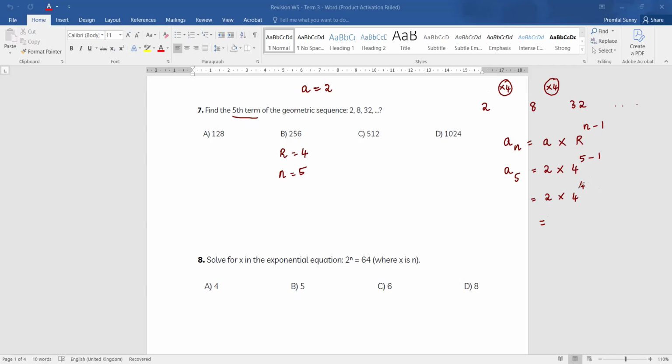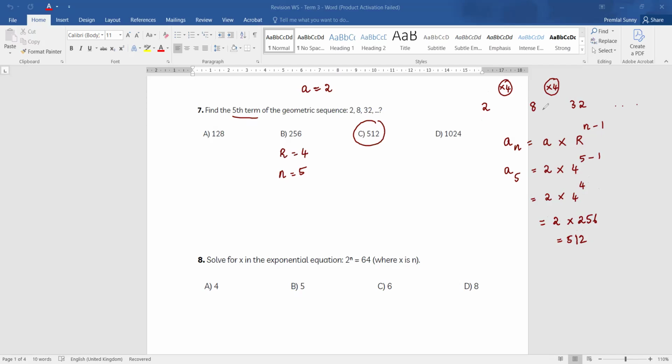So 4 to the power of 4 is 256. If you put that in your calculator, you will get the answer. So 2 times 256 is 512. So here, in this case, the option is C, 512.